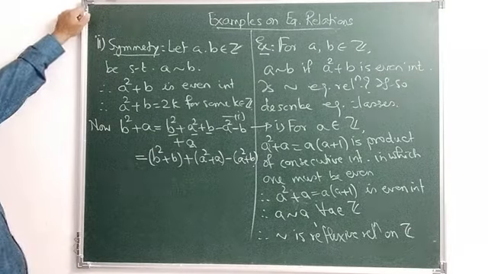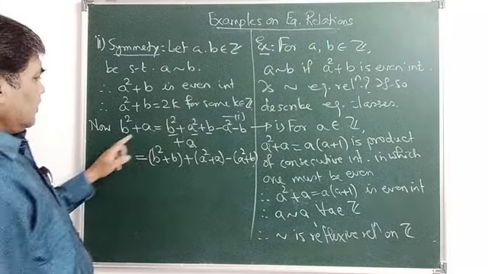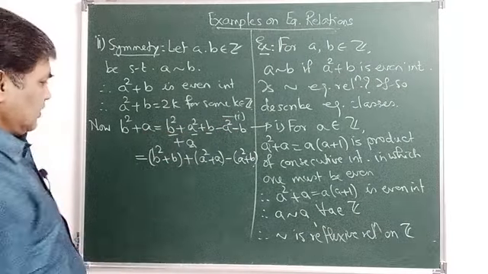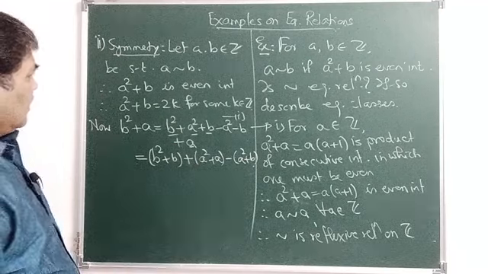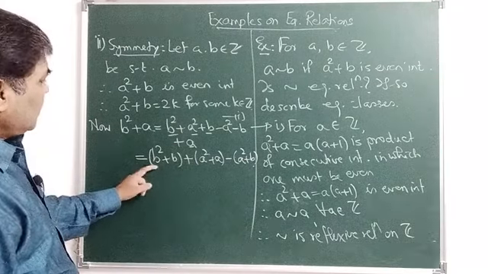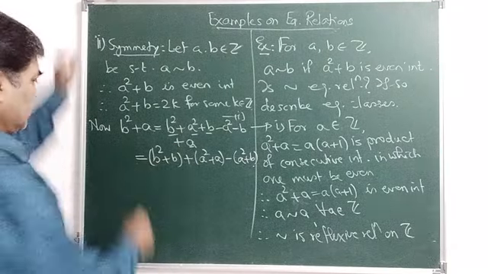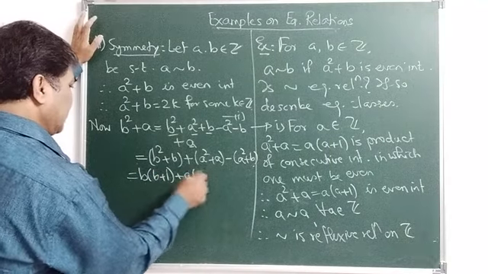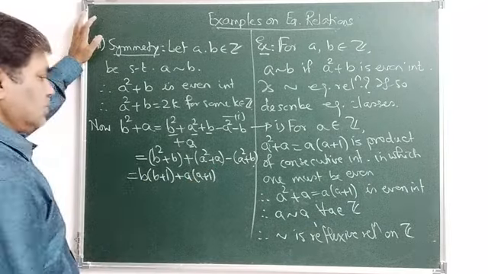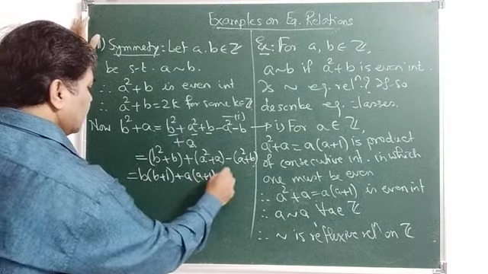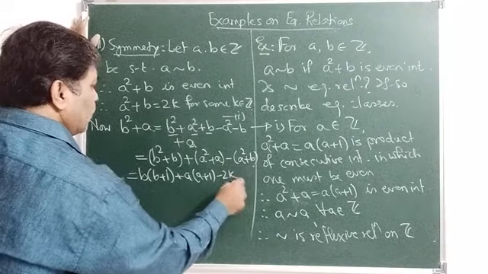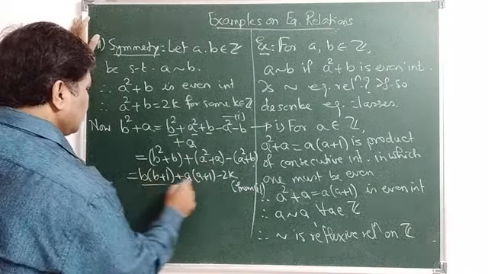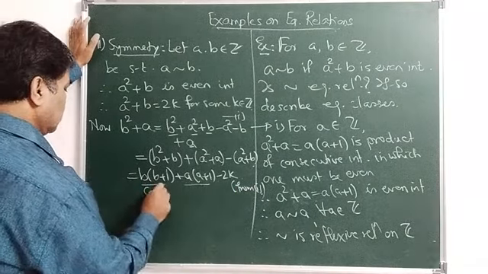See here, a square gets cancelled, b gets cancelled. Now, b square plus b is nothing but b into b plus 1. This is nothing but a into a plus 1. And this is your 2k from before. Again, these are consecutive integers.